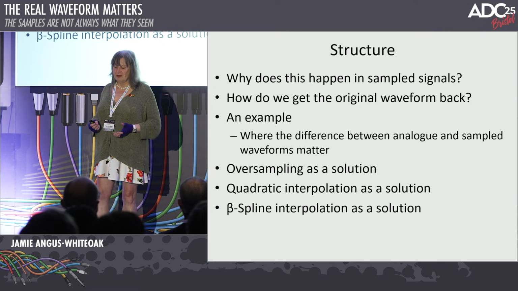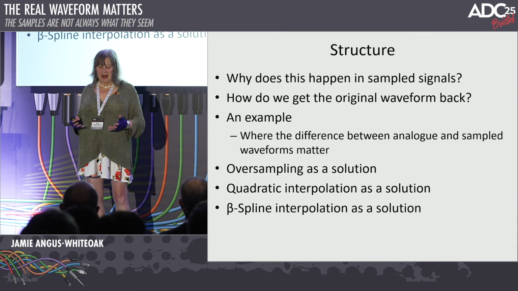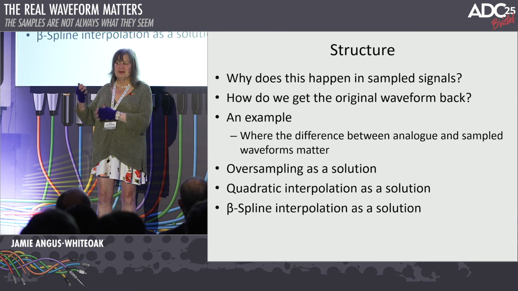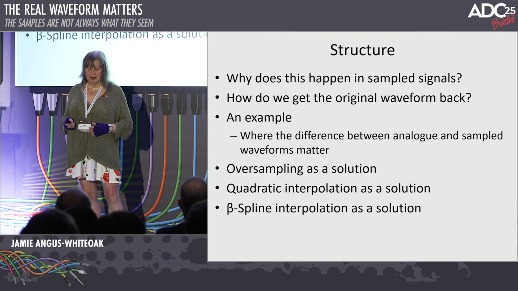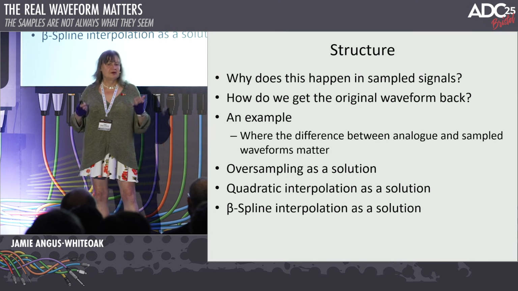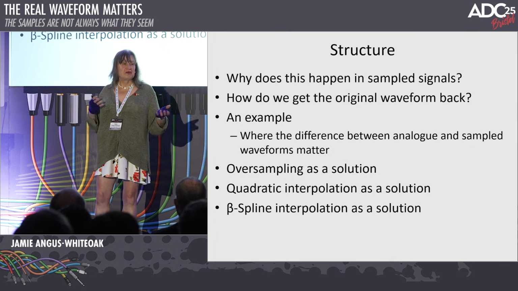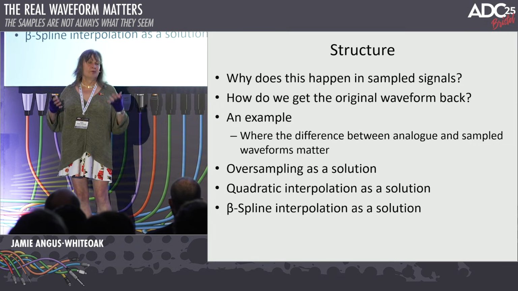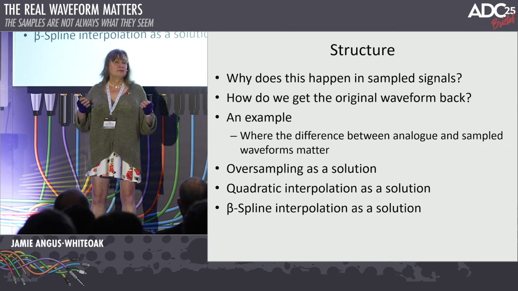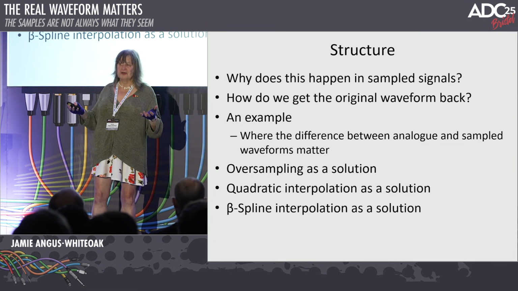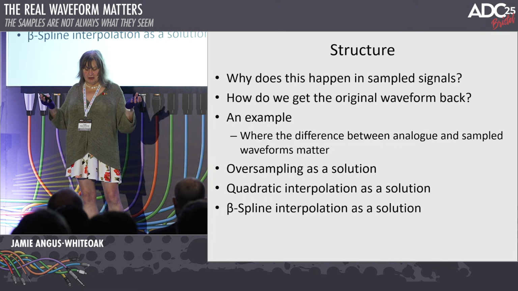So what I'm going to do in this talk is sort of talk about that. Why does this happen to sampled signals? That's going to be the first bit, the sort of reasons why it happens. Then we're going to do an example, which is actually the peak detector example, where the difference between the analog and the sampled waveform actually matters. Then we're going to look at some solutions. We're going to look at oversampling as a solution because that's already used.